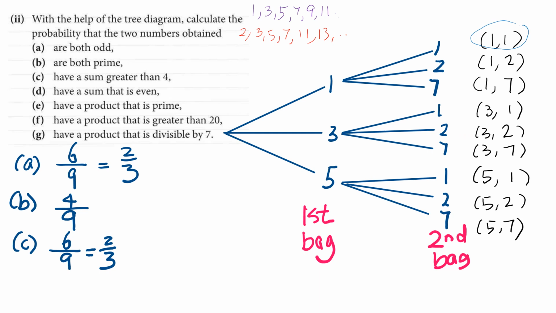A second possibility will be this: 1 plus 7 is 8, which is an even number. 3 plus 1, 4, even. 3 plus 7, 10, even. 5 plus 1, 6, even. 5 plus 7, 12, even. So the ones circled will be 1, 2, 3, 4, 5, 6. 6 cases also out of 9, which is 2/3.